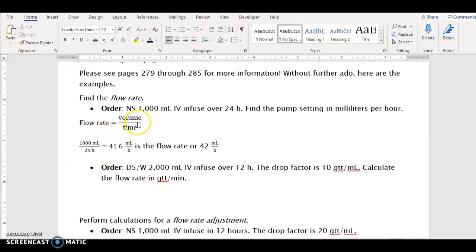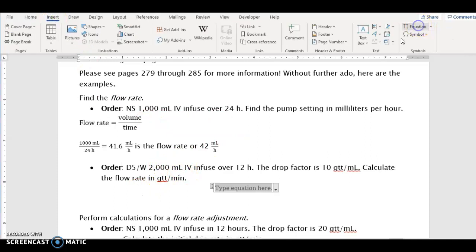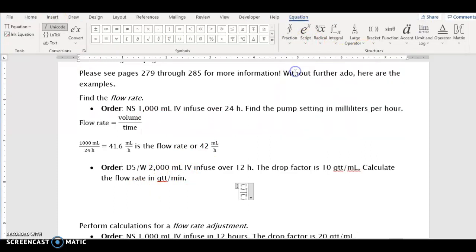So remember that the flow rate is the volume divided by the time. So we're going to take the 2000 milliliters and divide it by the 12 hours. So 2000 milliliters over 12 hours. Notice that this problem wants the flow rate in drops per minute rather than milliliters per hour.